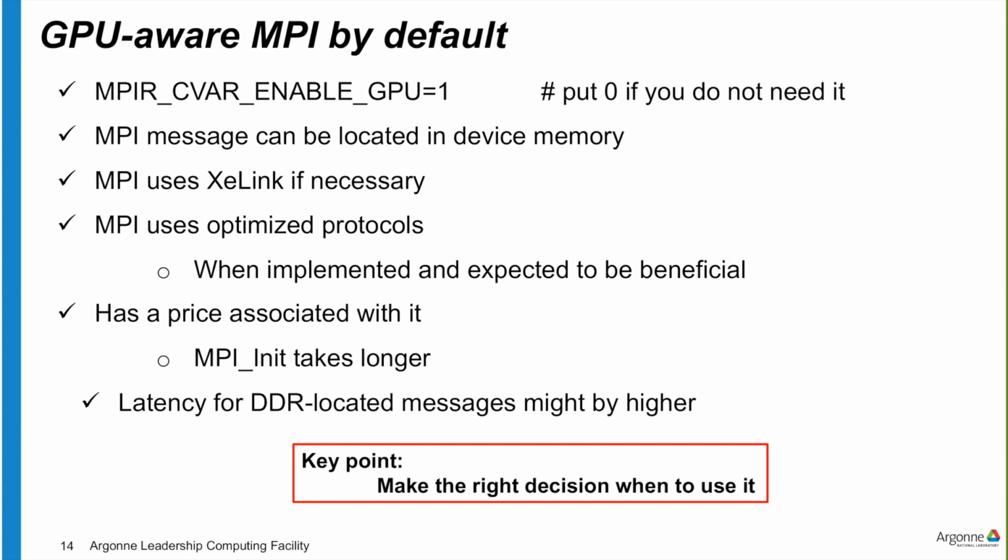However, if you use GPU-aware MPI, the buffers can be located on the GPU memory, and when the MPI process located on the host is calling the MPI command with a buffer located on a GPU, MPI automatically moves data in the right way, in the right place, depending on what is the destination of the buffer. Did I answer the question?